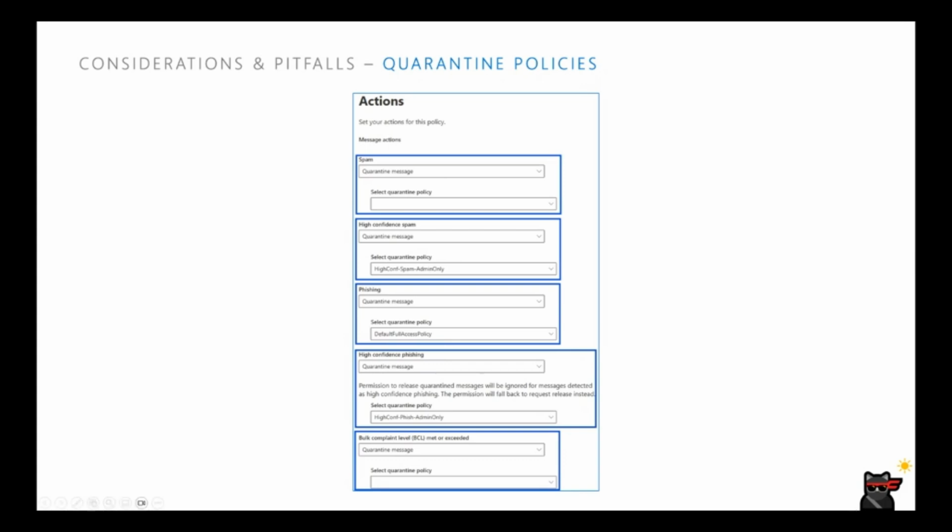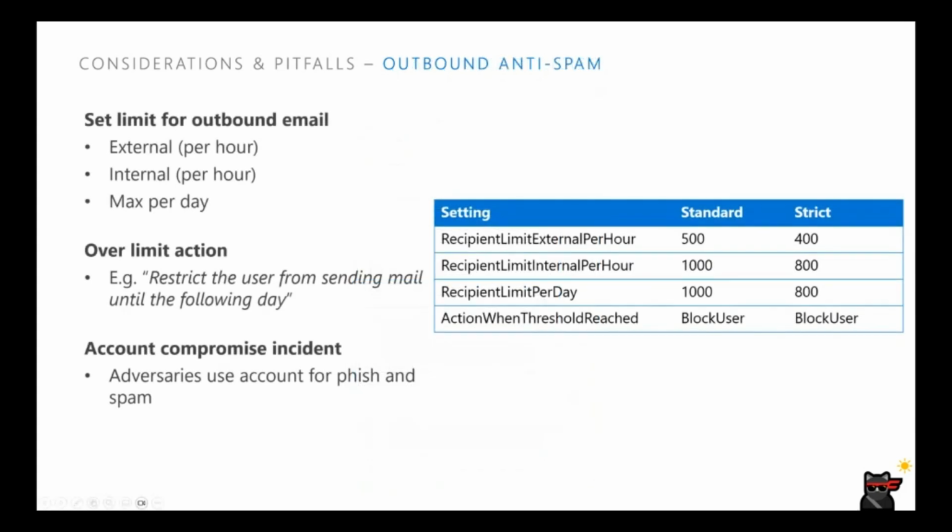Cool. Let's move on to outbound anti-spam, because we don't want any users to be compromised. We are trying to hinder all of the adversaries as much as possible, but it could happen, right? Everything is not 100% secure.